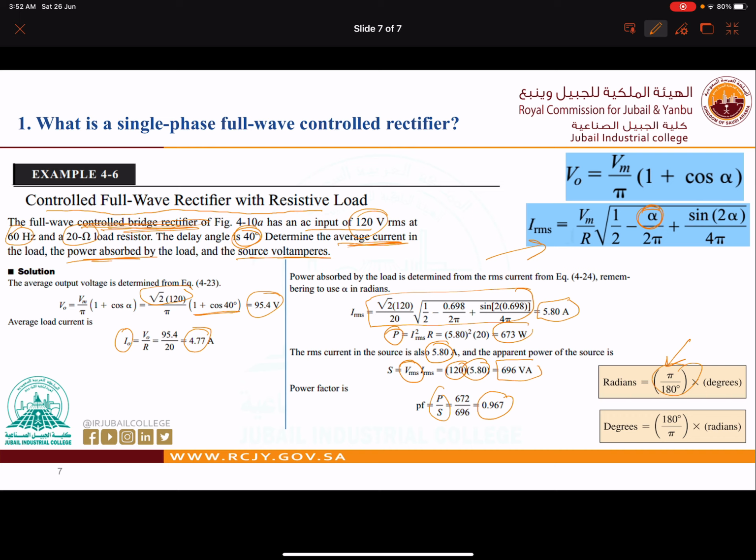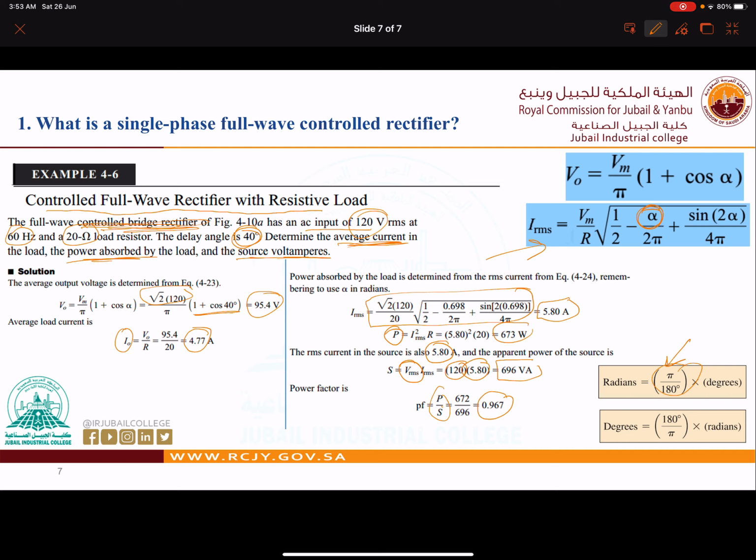That's why we didn't have very much losses, and that's why our power factor is very high, which is 0.96. And of course, we have here a bigger value, not like the normal one, because we don't have an inductive load. This is the resistive load only.